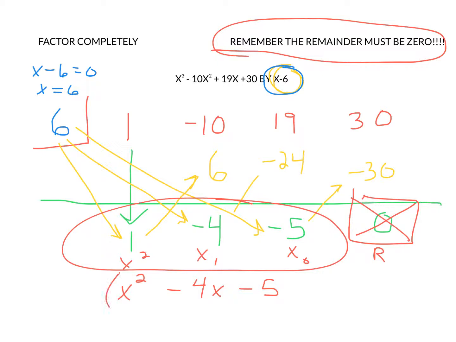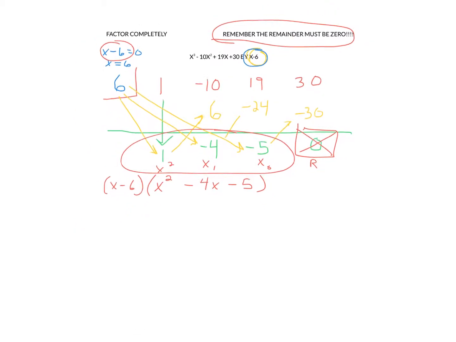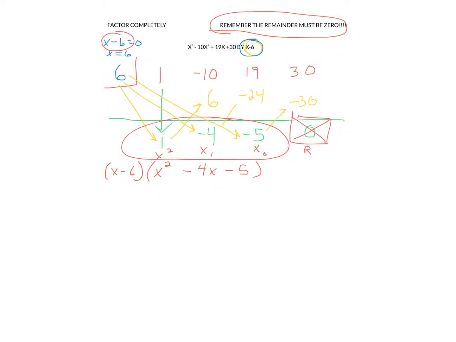Okay. And now at this point, we also have to remember we had the x minus 6 in the beginning. Okay. So now, at this point, I'm going to shrink this down a little bit so we can have plenty of room. Okay, so I'm going to kind of reset this a little bit here.